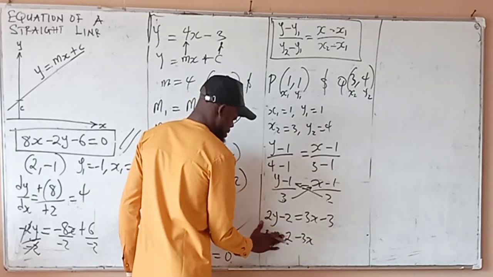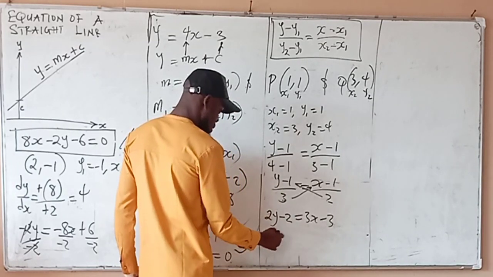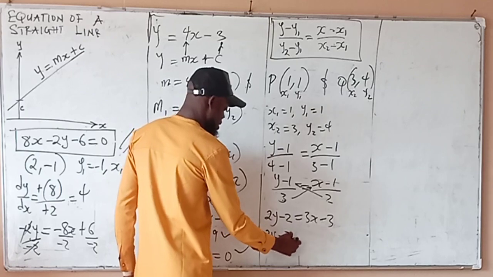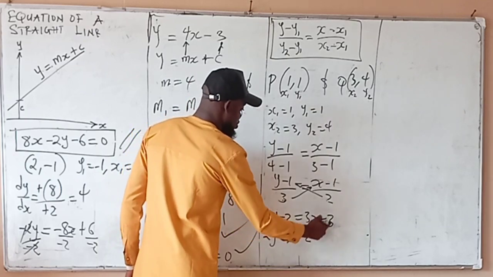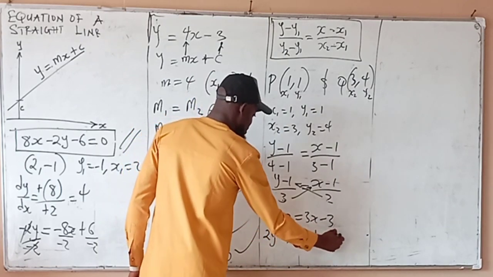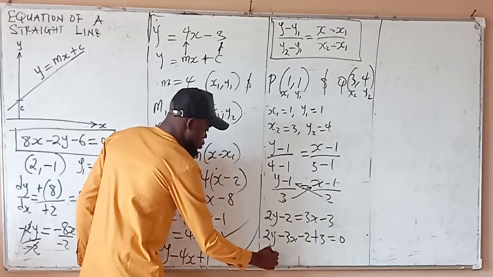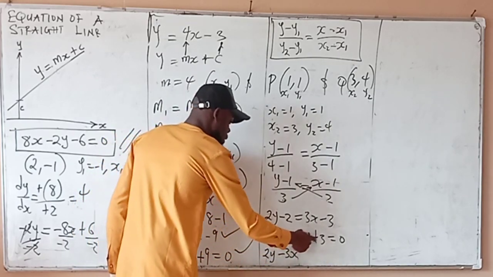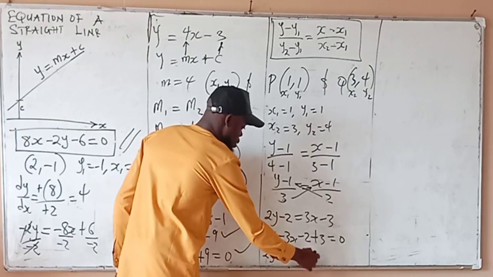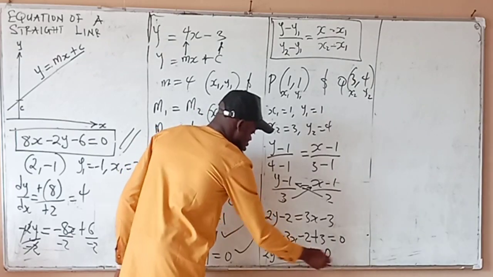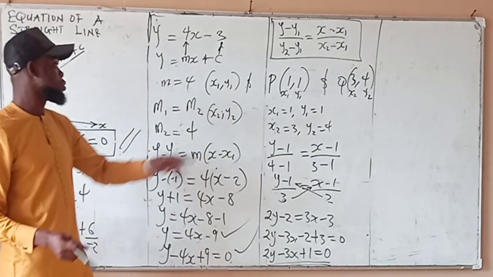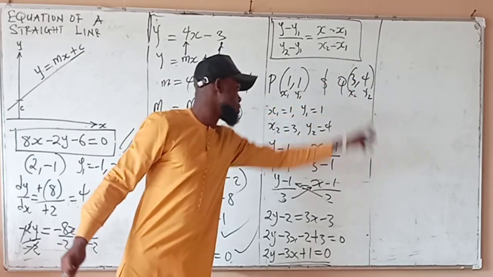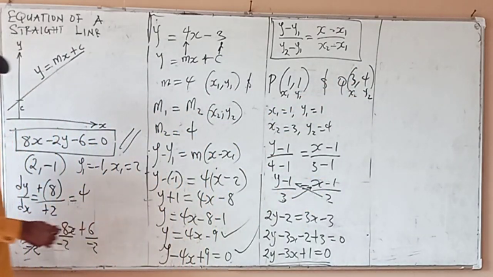Or you can also do it this way. This is 2y, then minus 3x, then minus 2. Then move it on now. Plus 3 equals to 0. We have 2y minus 3x, then minus 2 plus 3. What is that? That is plus 1 equal to 0. This is the equation that passes through this point and this point. So please take note of that.